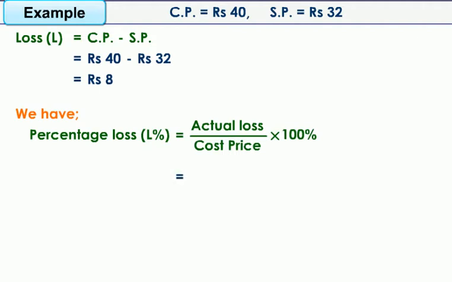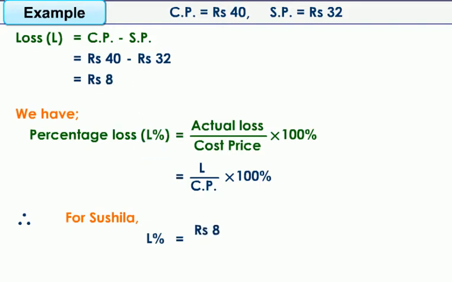That is L divided by CP into 100%. Therefore, for Sushila, percentage loss equals ₹8 divided by ₹40 into 100%. That gives us 20%.